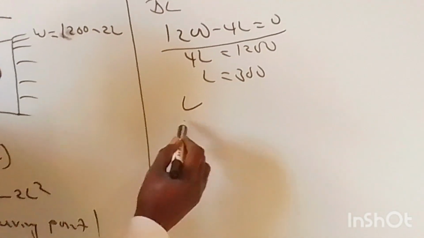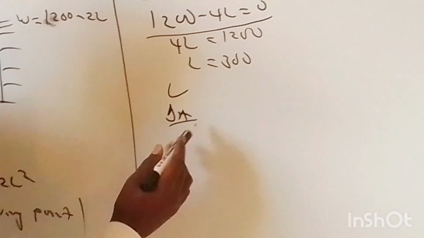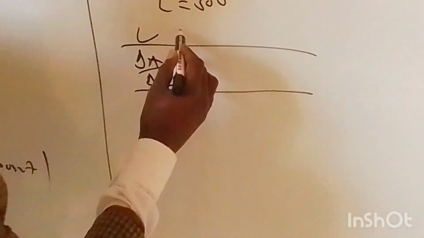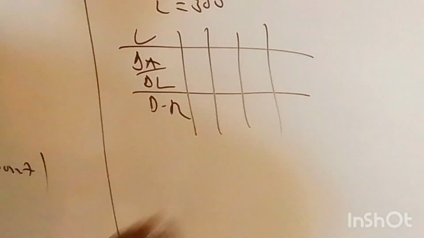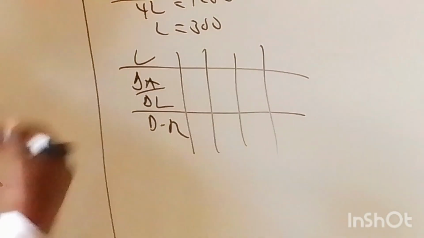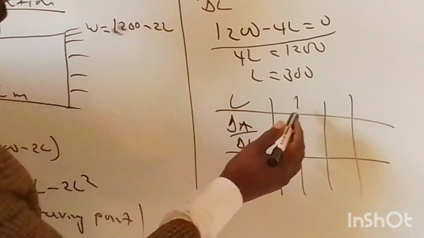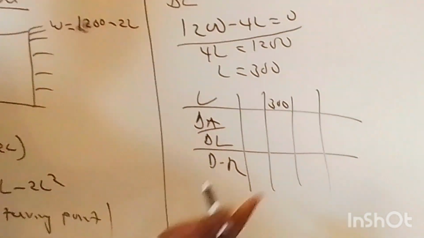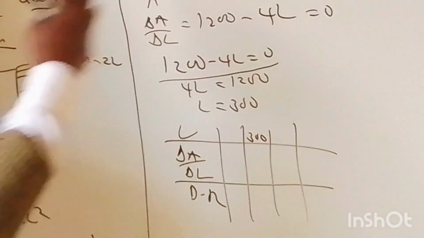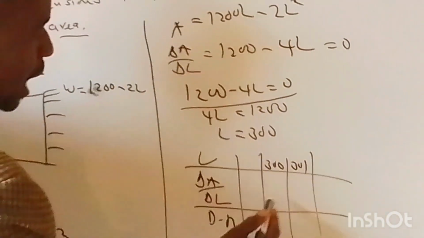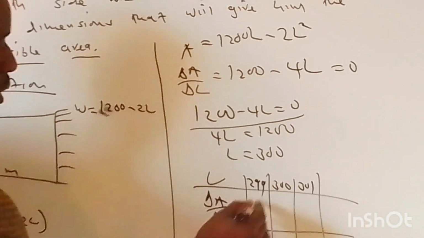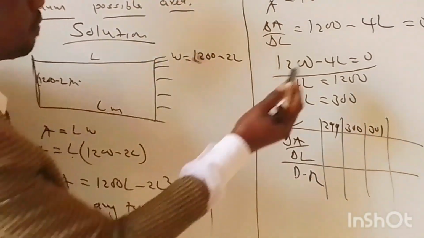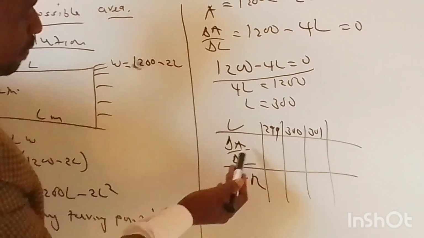So we can test L, then the dA over dL, with a diagrammatic representation. We can do it very fast so that we prove if it is a maximum. We said in our last video that when you are testing the turning point, whether it is maximum or minimum, you pick the number after it and the number before it. So the number after is 301, and the number before is 299. So can we now replace in the dA over dL?